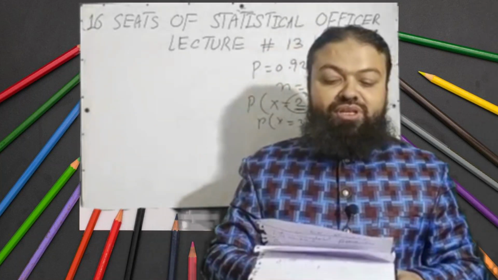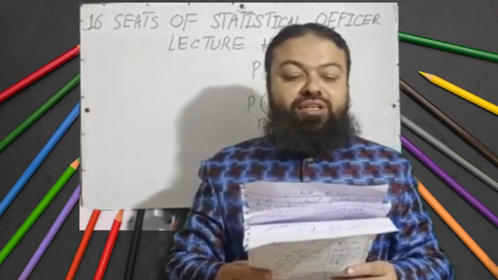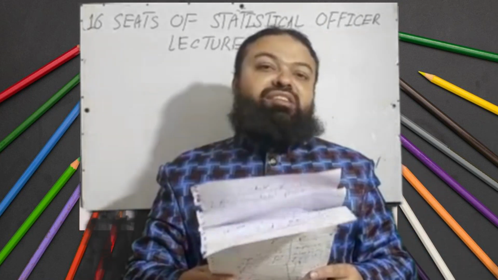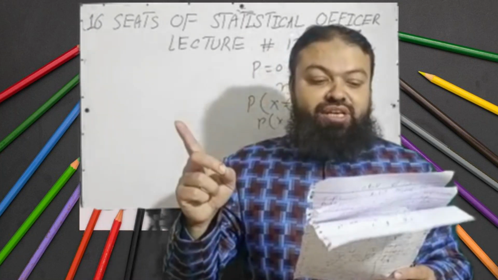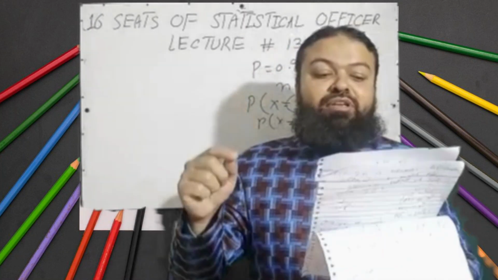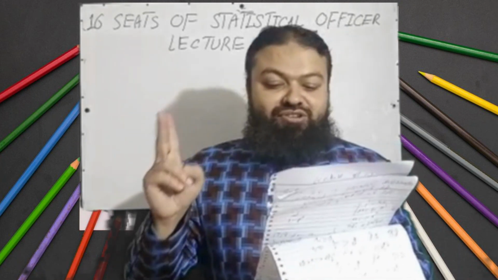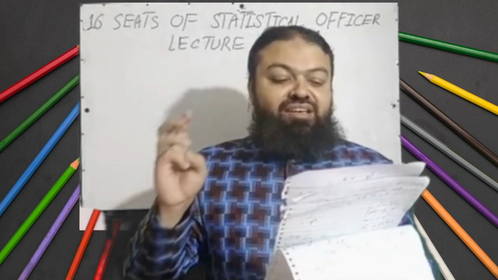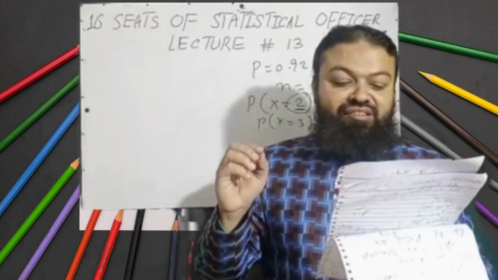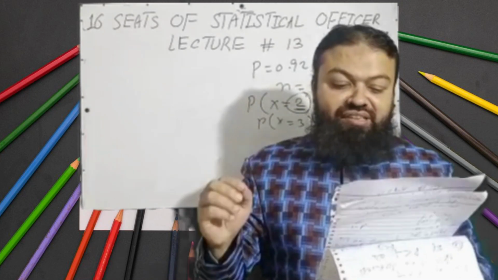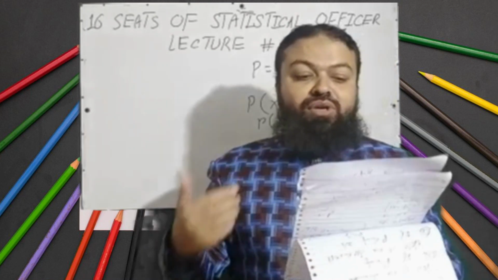Question number 4: which of the following is not an assumption of the binomial distribution? A, all trials must be identical. That is correct one. That is the assumption of the binomial distribution. B, all trials must be independent. Yes. C, each trial must be classified as a success or failure. Yes, all are the correct options actually.